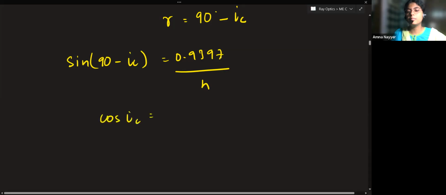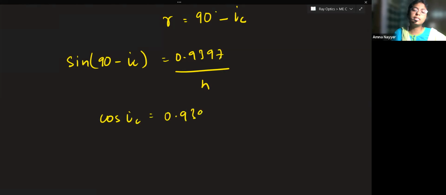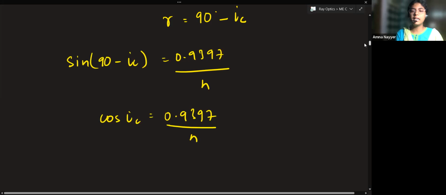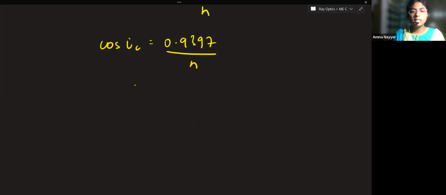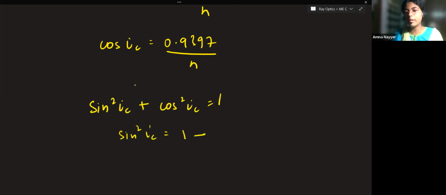This will be equal to 0.9397 divided by N. Now class, if I write sine square IC plus cos square IC, this is equal to 1. So from here, if I write down the value of sine square IC, I get 1 minus cos square IC, right? And what is the value of cos square IC?